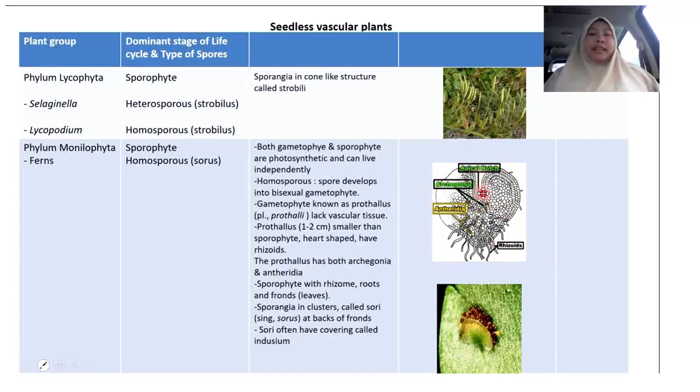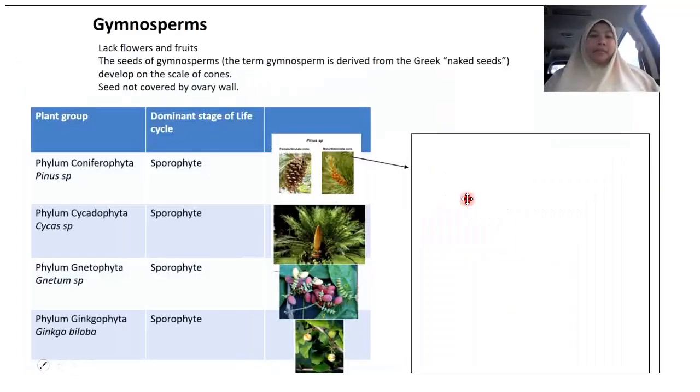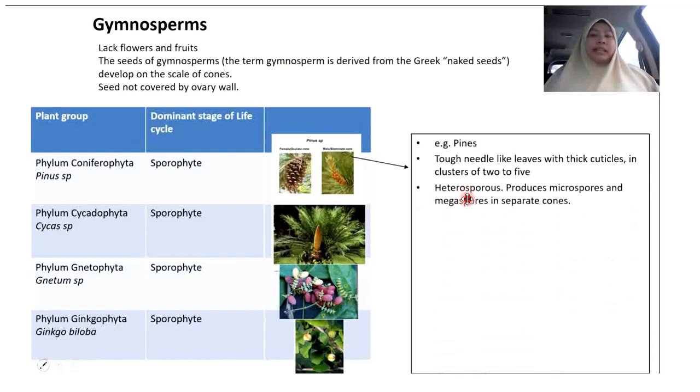You can see the prothallus, the gametophyte, has both male and female structures. This one is the antheridia that will produce sperm cells, and here are the archegonia that will produce egg cells.